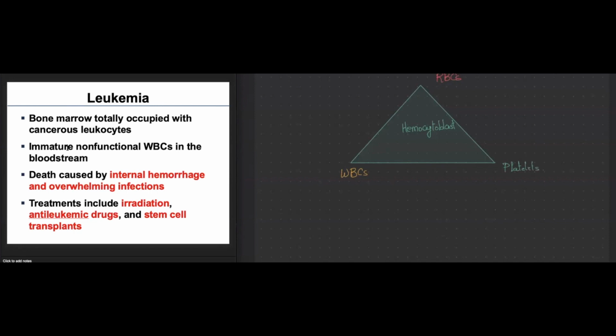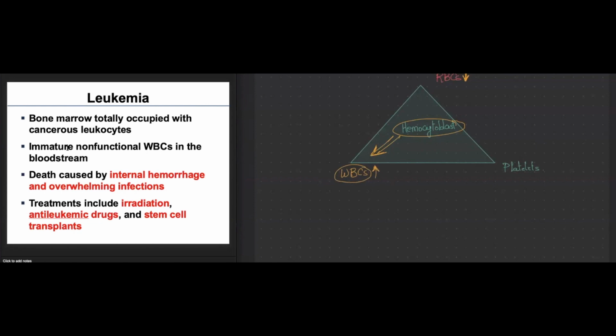So having too many white blood cells, how is this going to affect me? First, I start to pull the hemocytoblast towards this side and away from the other two. So this is going to cause a major reduction in the formation of the red blood cells. Can you remind me, what do we call a reduction in red blood cells? It's an anemia.